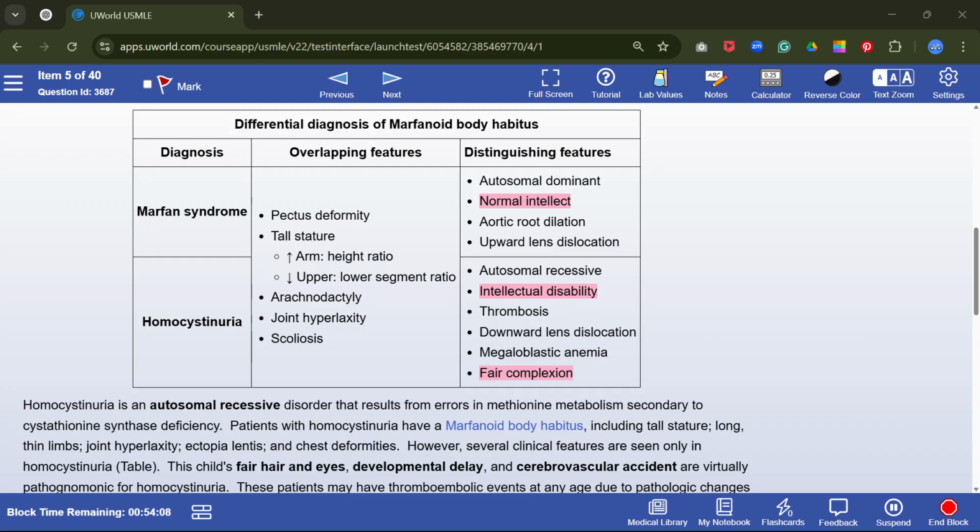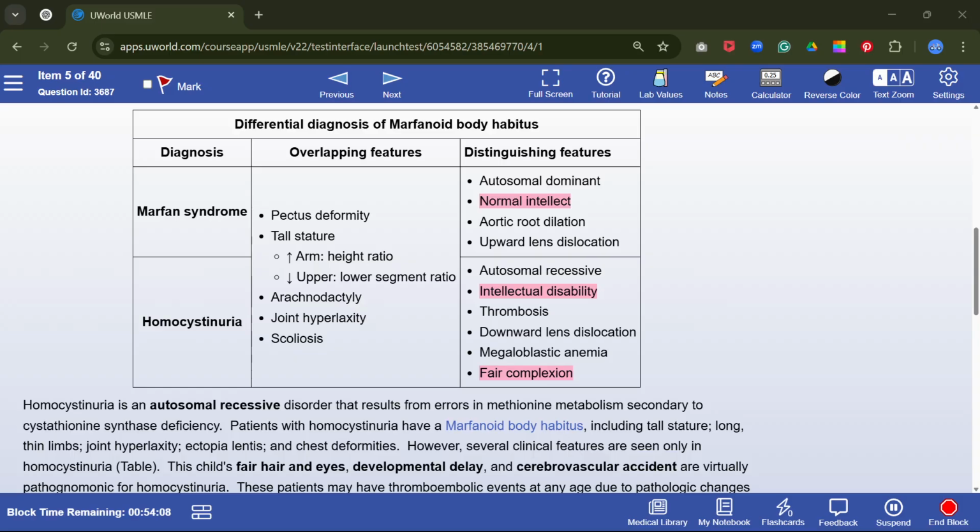Let's discuss Marfan versus homocystinuria. In Marfan syndrome, Marfan is autosomal dominant, and there is lens dislocation, outward and upward.